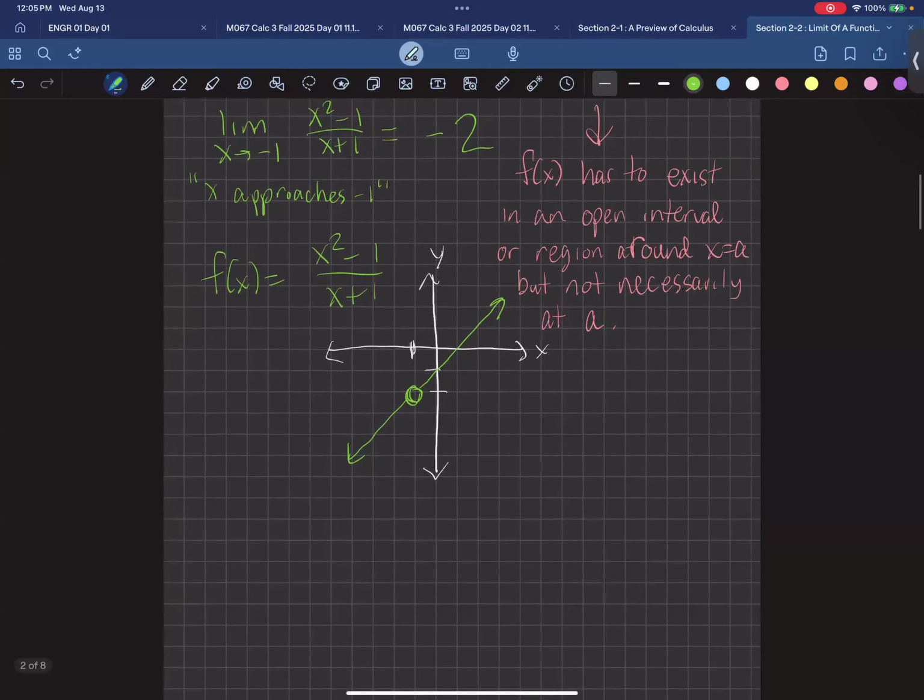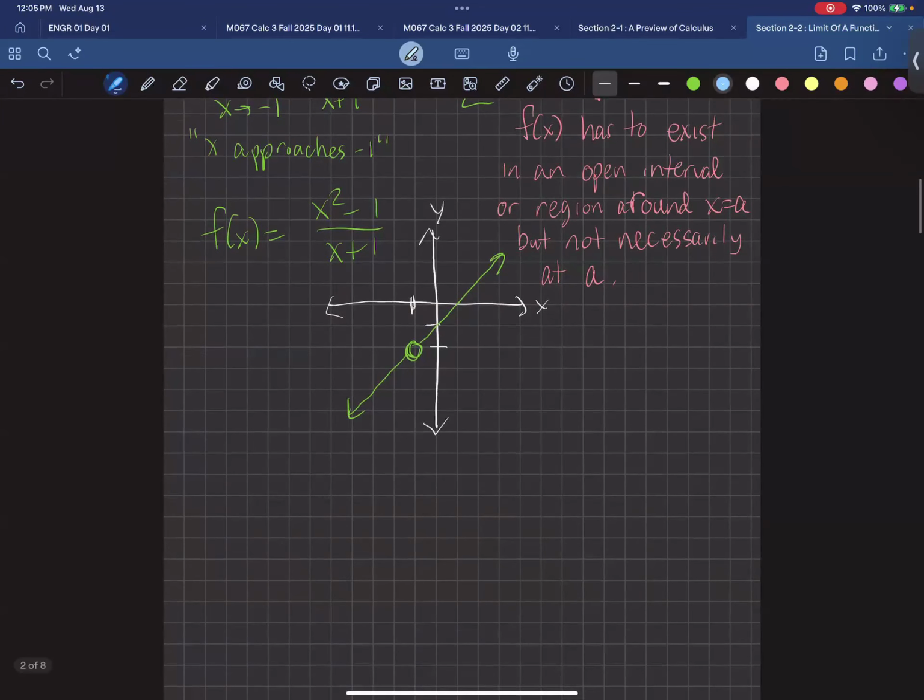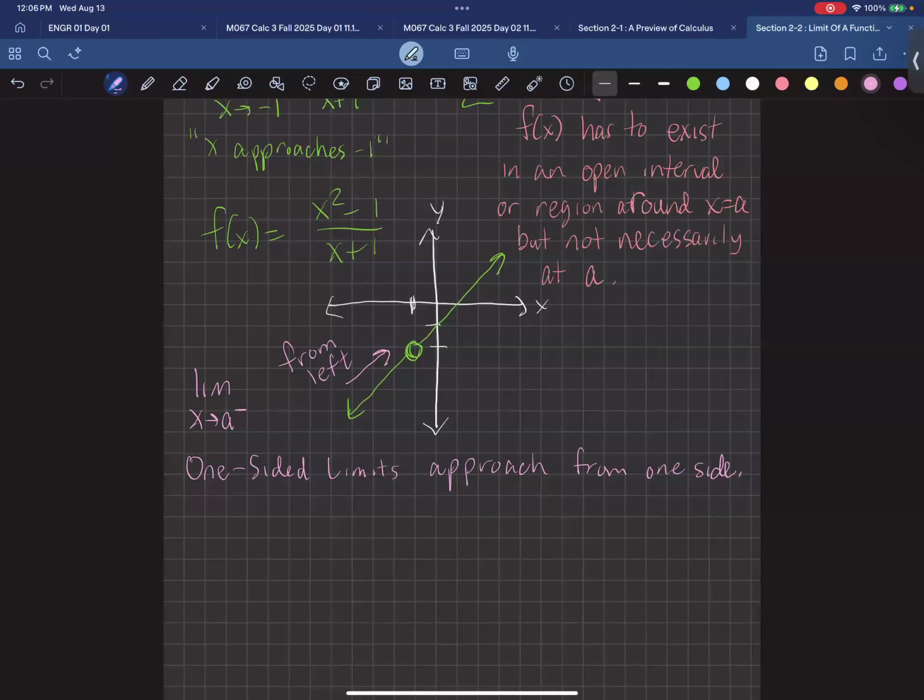So we can do something called one-sided limits. One-sided limits approach from just one side. If we approach from the left, we will write limit as x approaches a, and we put a little negative sign to indicate we're approaching from the left.